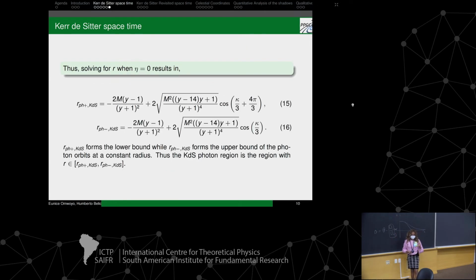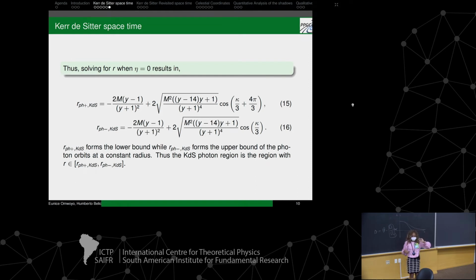And so we can solve the equation eta equals 0 to obtain two radii, equations 15 and 16. These are the radii at which the orbits will be confined on the equatorial plane, and these are called the equatorial circular orbits. They can be moving together with the black hole in the same direction, they are prograde, and when they move in the opposite direction, they are retrograde.